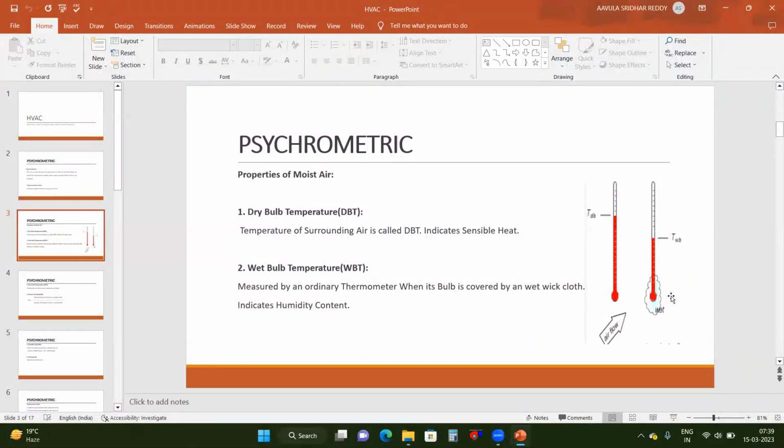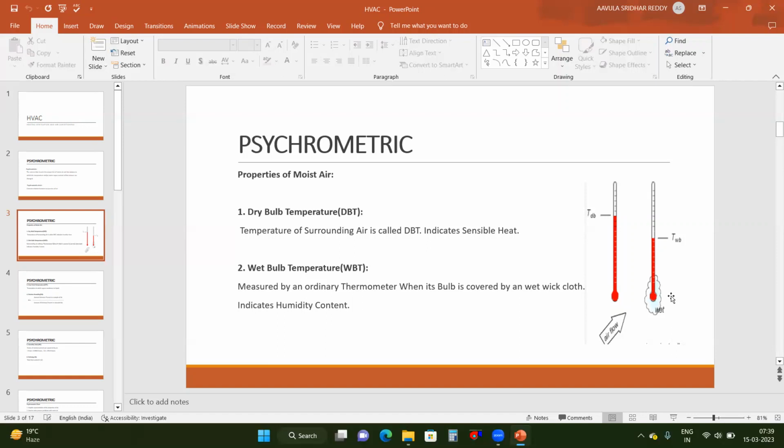So the wet bulb temperature indicates how fast the evaporation is happening, which depends on the moisture content present in the air. For example, if the moisture content in the air is 30%, then evaporation will be high, because the air can hold another 70%. If the moisture content is 90%, the evaporation rate is very low, because the air can hold only another 10%.